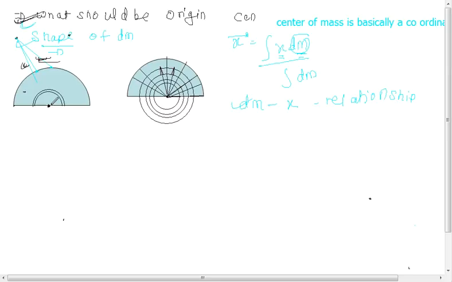Now, the shape of the dm. What should be the shape of the dm? Now we have to answer this question. I have chosen this as origin.